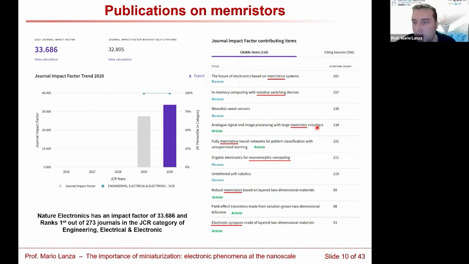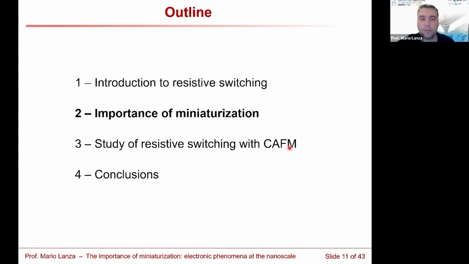These are the top 10 most cited papers in the journal, and among them, 7 of them are related to resistive switching devices, which means that this is a really good, from an academic point of view, this is also a very good topic to be working on.